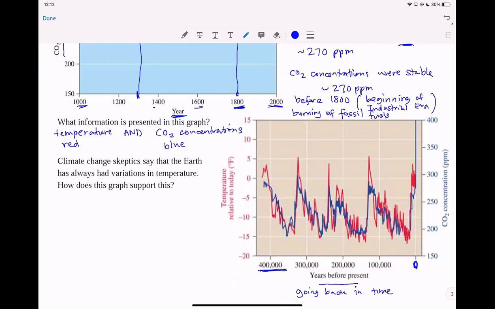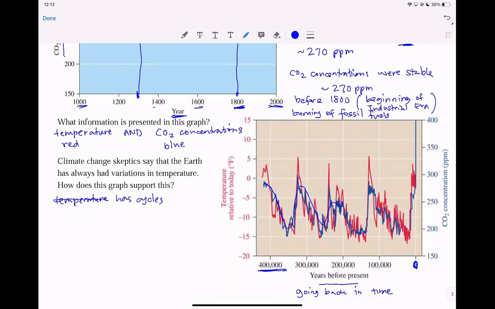You've got red overlaid with blue. But what you can see is that over time, between 0 and 400,000 years ago, the temperature has gone down, it's gone up, it's gone down, it's gone up. So the temperature has its cycles, and that's the overall climate.